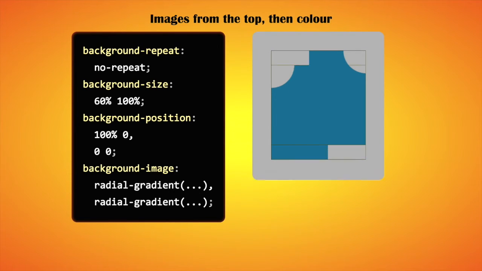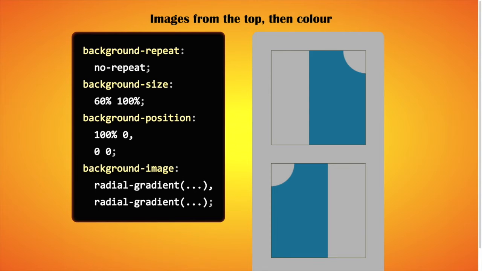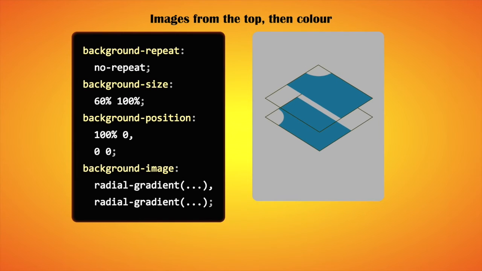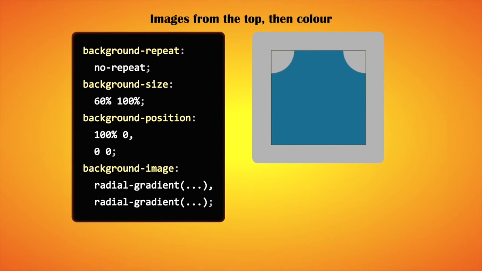So the technique is to actually create two gradients at 60% width, so they overlap, and then when they get sandwiched together, they look like one smooth image. And once you've learned these tricks, this is pretty much the basis of every single one of those fancy gradient gallery images.